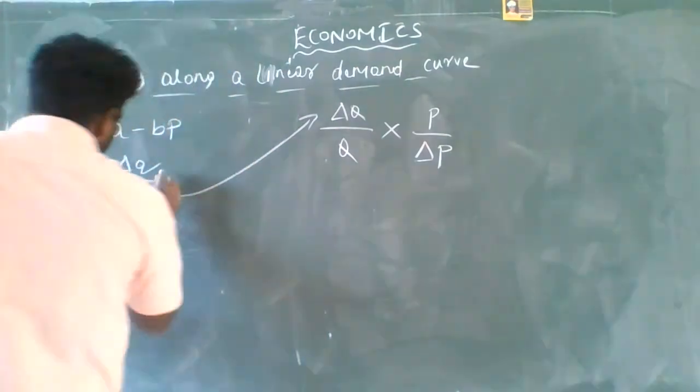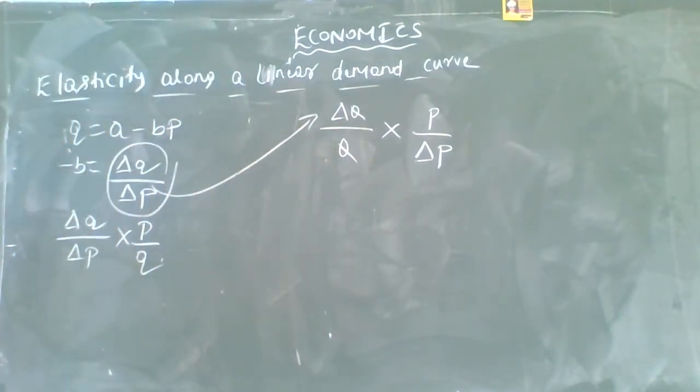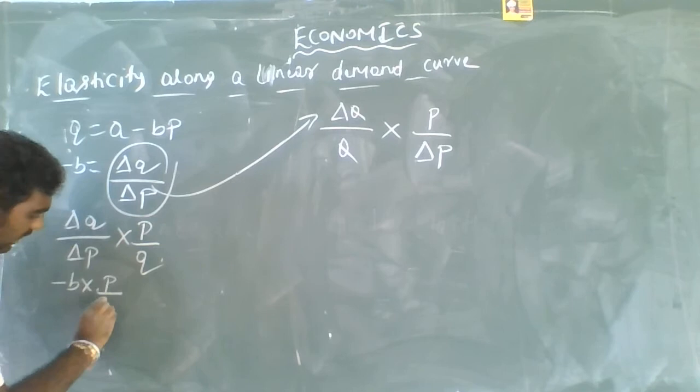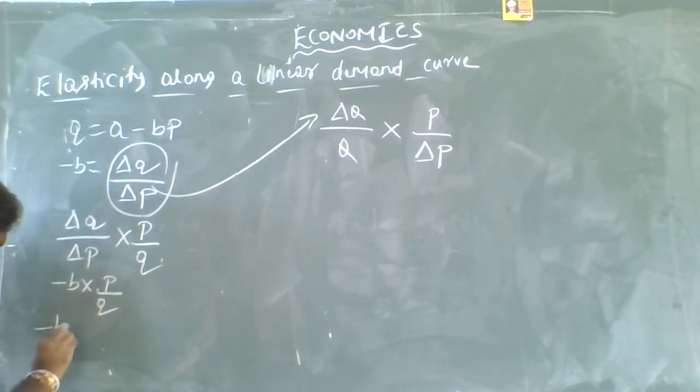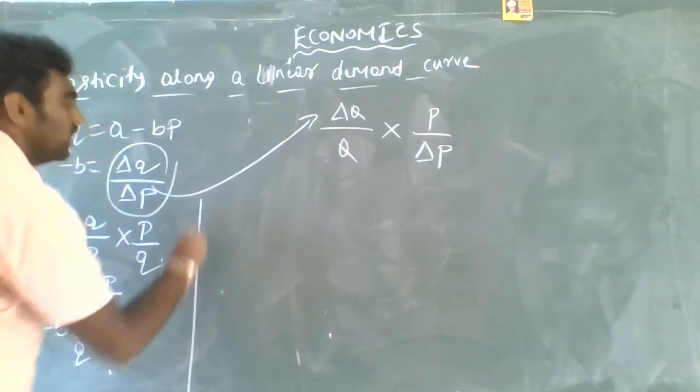So we know that delta Q divided by delta P equals minus B. I substitute it as minus B into P divided by Q, which is nothing but minus BP divided by Q.